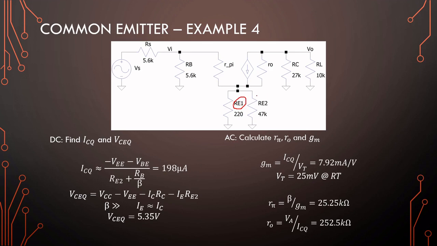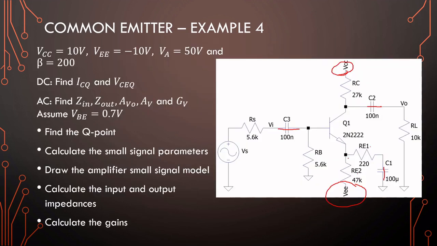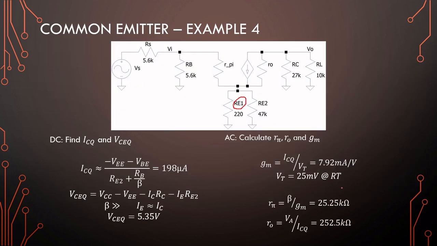But during the bias, since the current isn't flowing that way for biasing, only RE2 is responsible for the stabilization of the bias.